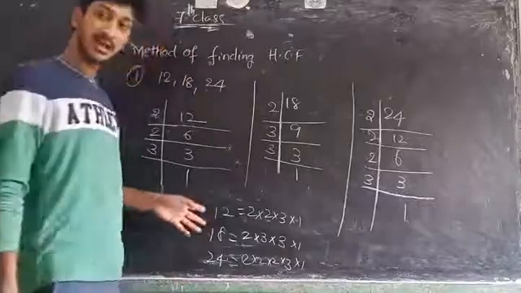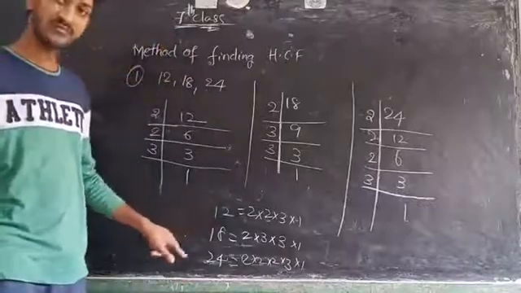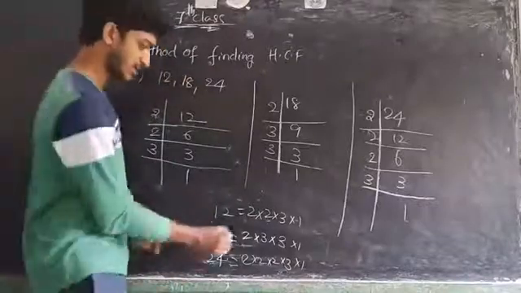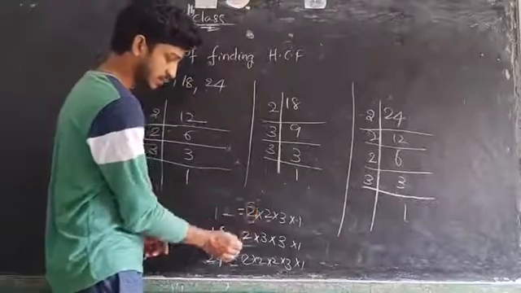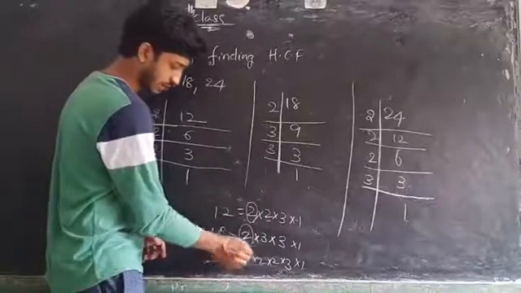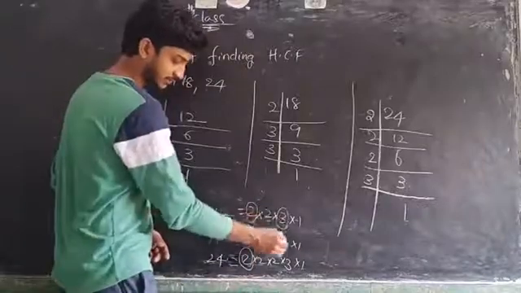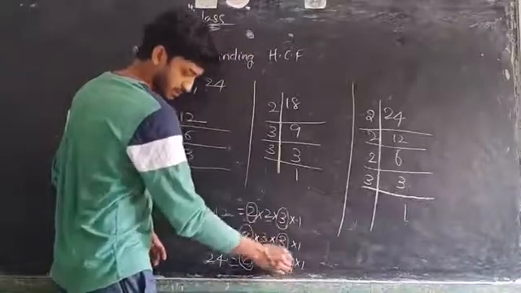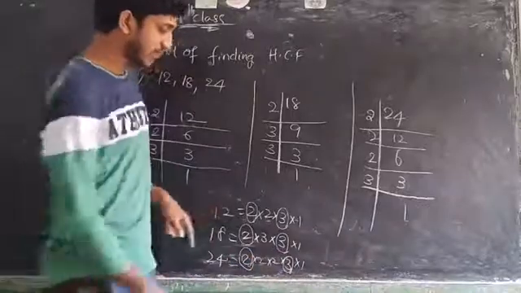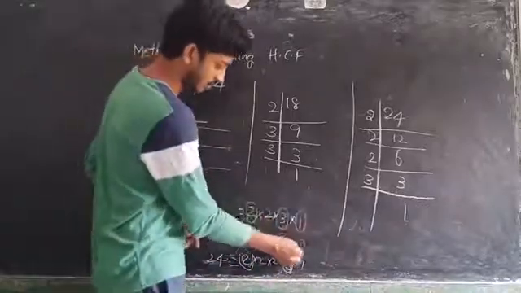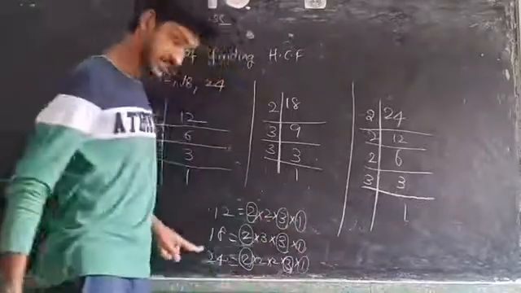See here, what are the common factors? Here 2, 2 and 2. Another common one is 3, 3, 3. These two numbers, 2 and 3, are common for these three numbers.